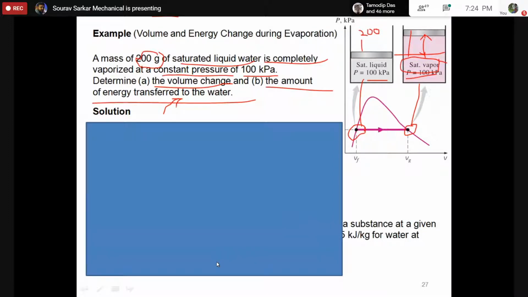So if it is a constant volume process, it will be the difference of internal energy, U. Yes, I made a mistake, sorry. If it is the difference of internal energy, that means the process is constant volume. And if the process is constant pressure, it will be the difference of enthalpies.